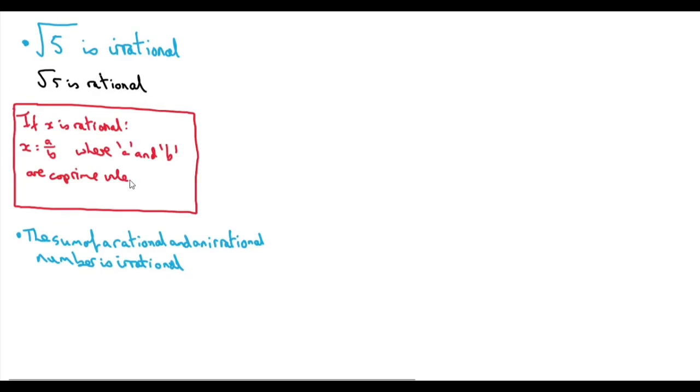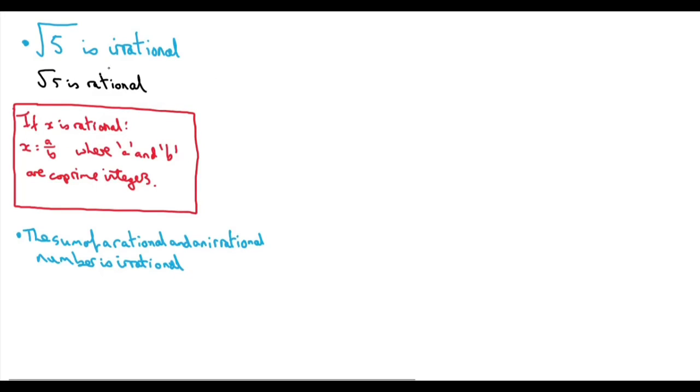Now, what co-prime means is that they don't share a factor. Okay, so we're trying to show if something is rational, you can express it as two whole numbers divided by each other, where they then don't have a common factor. So if it can't be expressed as this, then it should be irrational.